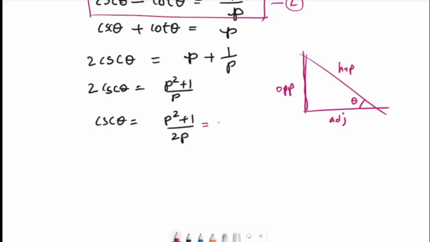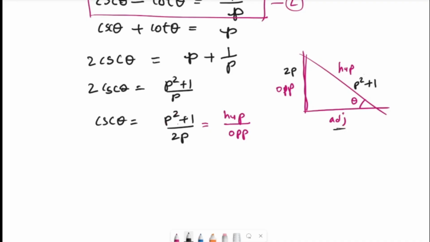Cosecant theta is hypotenuse over opposite, right? So if hypotenuse is P square plus 1, opposite will be 2P.